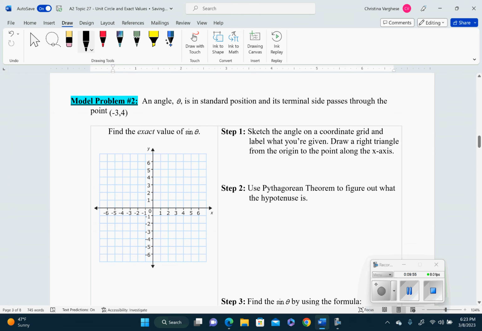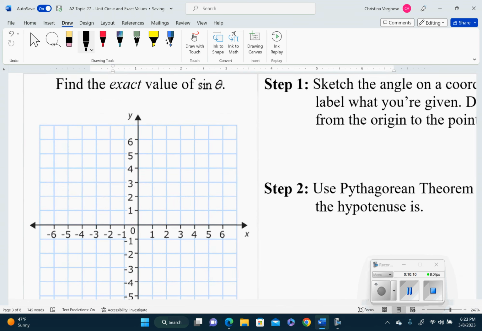Next one, problem 2. An angle theta is in standard position and its terminal side passes through the point (-3, 4). So we're going to plot that point, -3, 4. Let's plot it better and make this a little bit bigger.